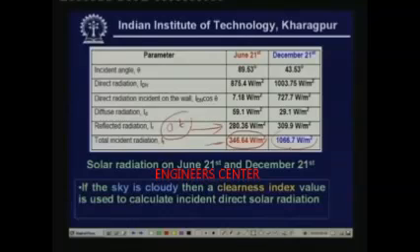The clearness index value is 1 if the sky is clear, and it will be less than 1 if the sky is cloudy. The clearness index values for different regions during different seasons are available. So, from that data you can calculate what the radiation is during a cloudy day.